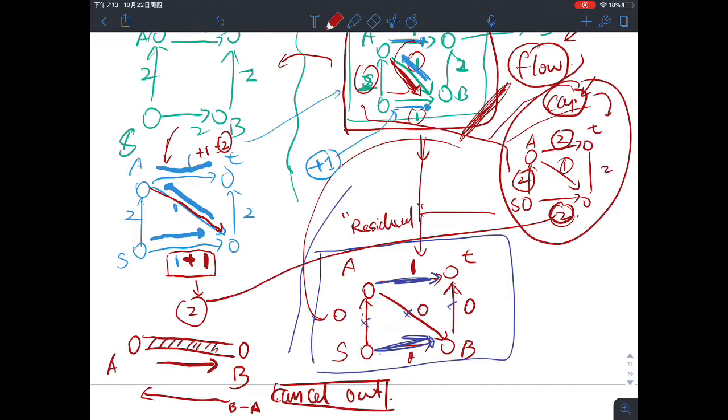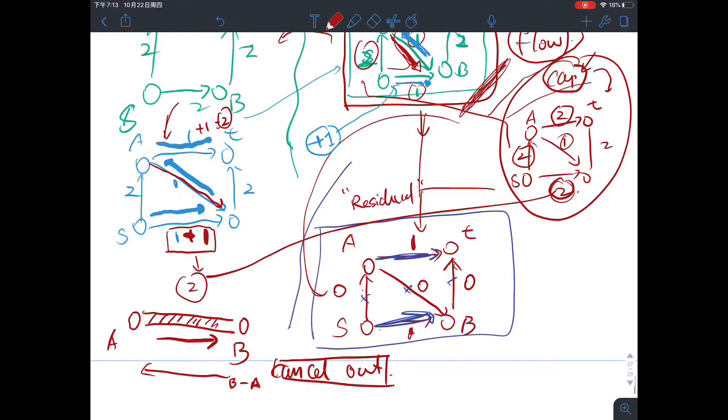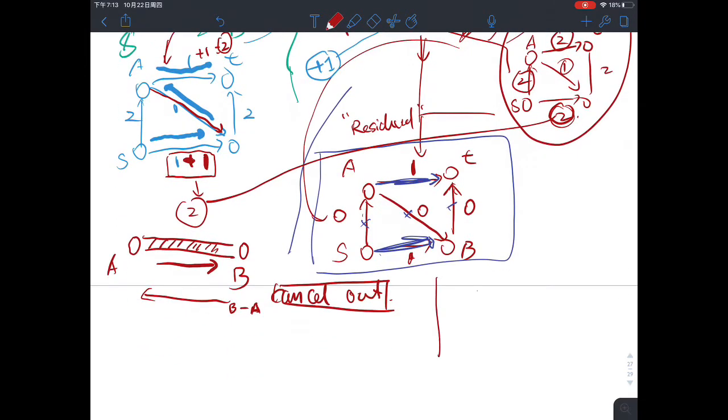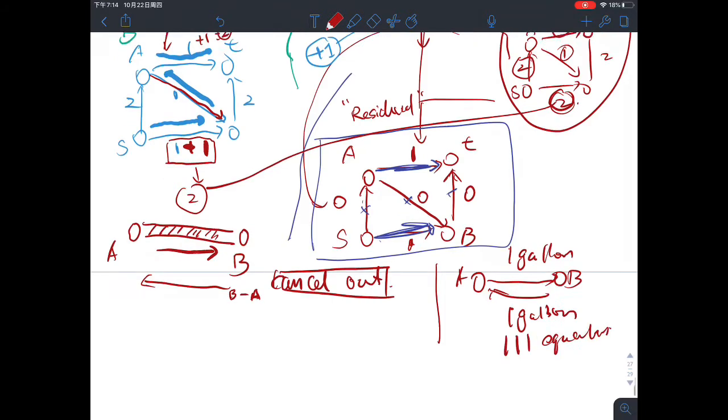What's going to happen at the end? That means no water needs to be moved from either A to B or from B to A. Let me just repeat that. If I have A and B doing things like that, 1 gallon of water from left to right and 1 gallon of water from right to left, that's effectively equivalent to not pushing anything.